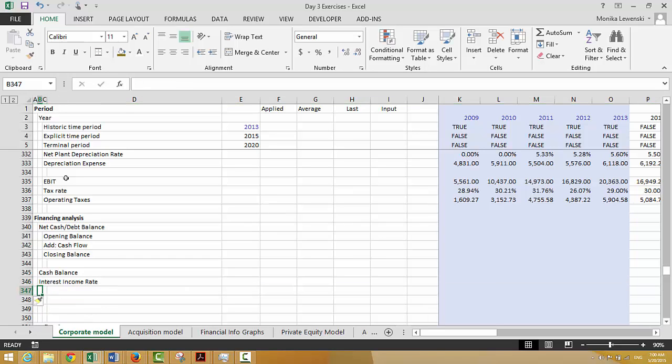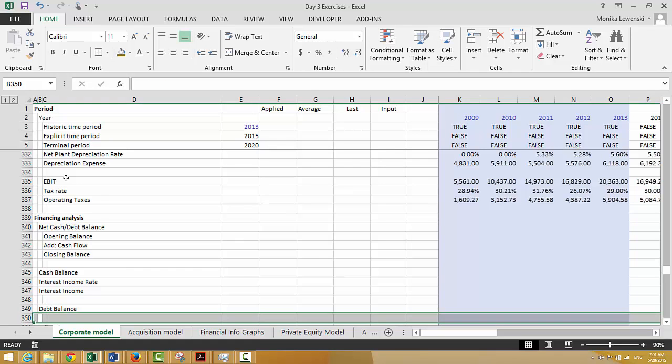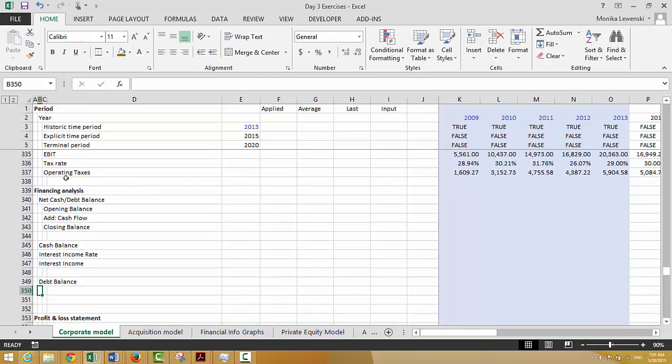This is where we have the classic circular reference in a corporate model, interest income. Then we can put our debt balance, then an interest expense rate, and then interest expense.